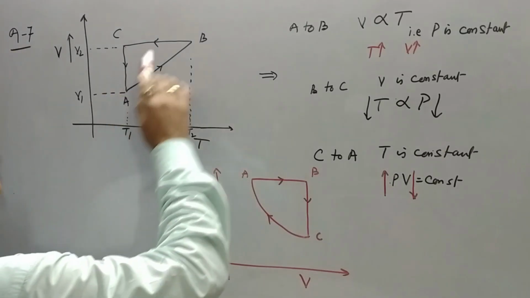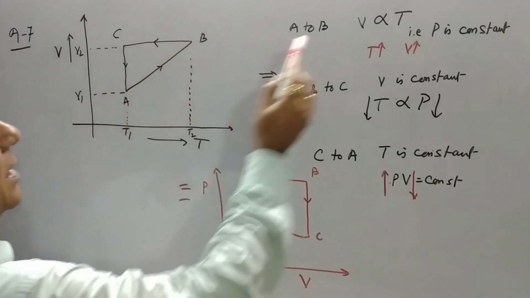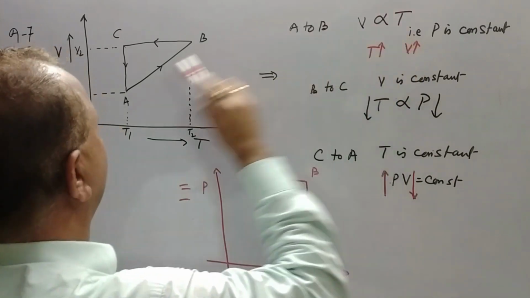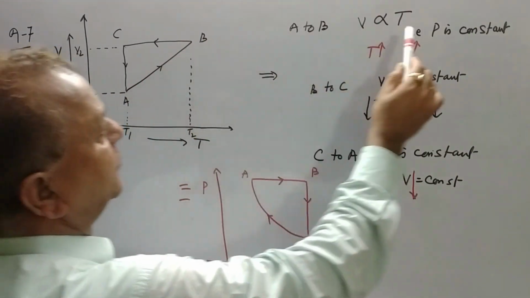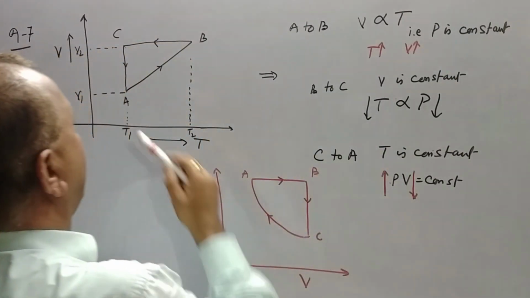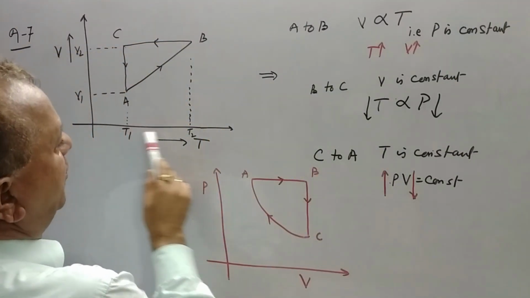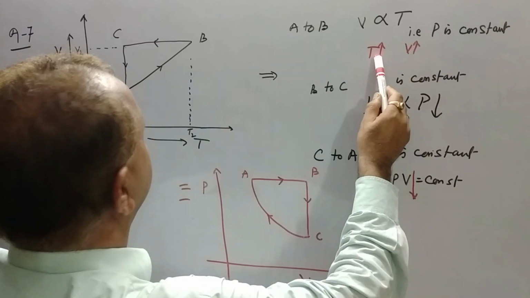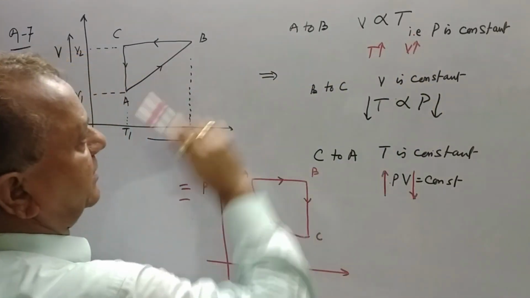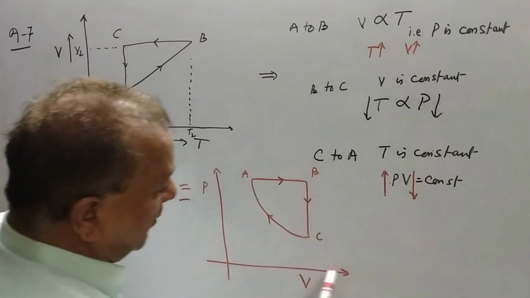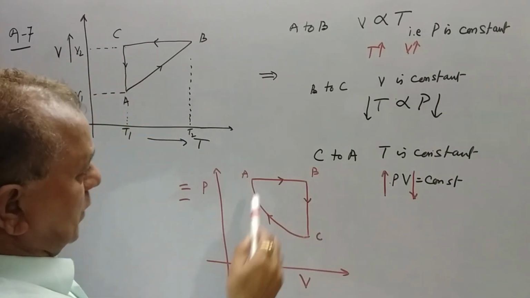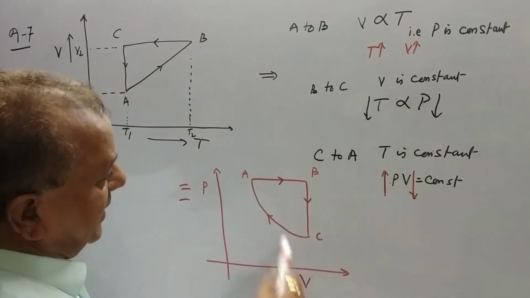Now from A to B, volume is proportional to T because a straight line graph is there. Therefore P should be constant.